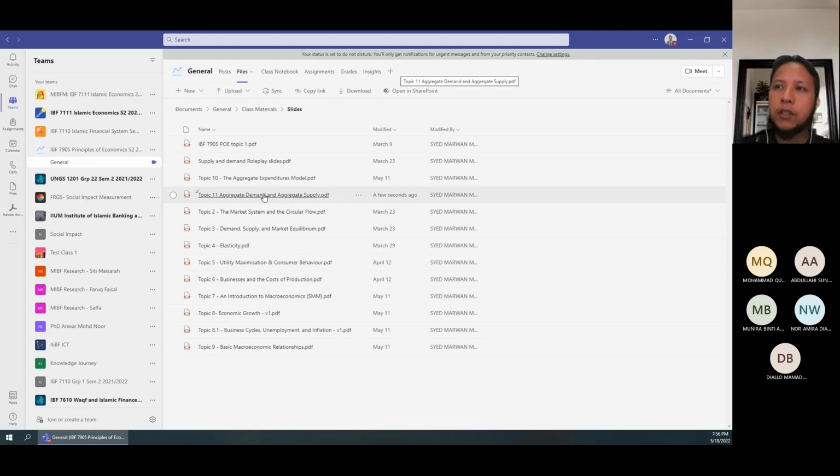So I just want to cover aggregate demand and aggregate supply, and then depending on the situation later, maybe I want to discuss another topic that I think is more relevant, especially in terms of application, related to development and poverty. That's something I wish to cover this semester. You can get the slides there, topic 11.